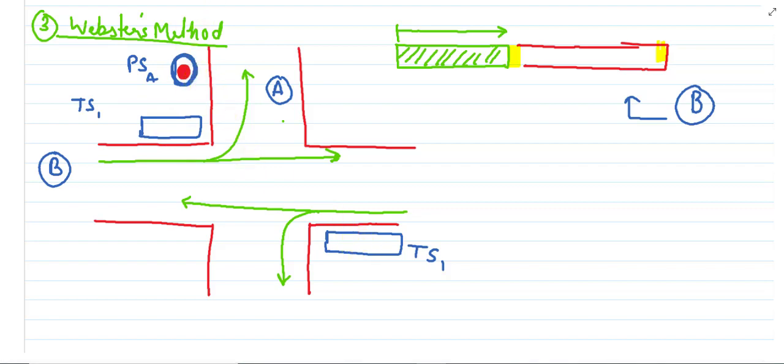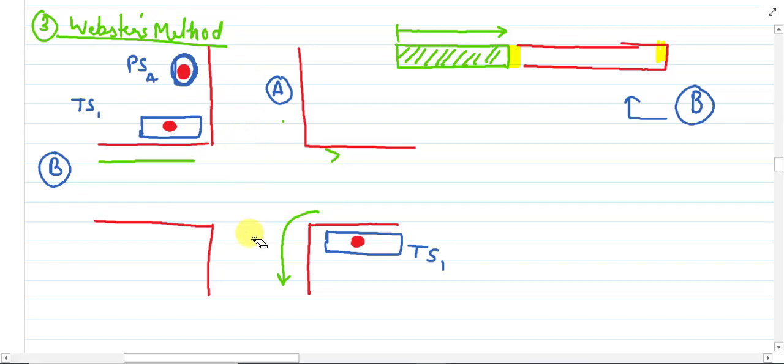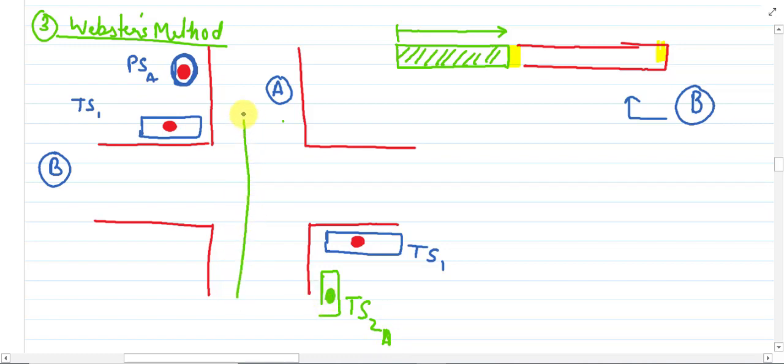So if I choose red light for road B, what will happen? Now we see the movement of vehicular traffic. If this is red, then traffic movement for road A will be open, and we can say that the traffic signal for road A will be open and will be considered green. So the movement in this road will be like this.